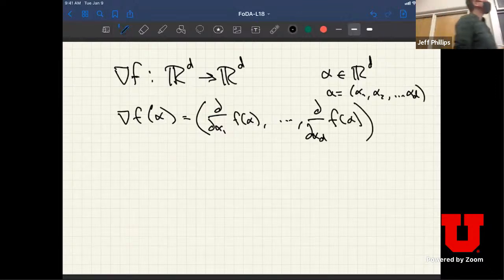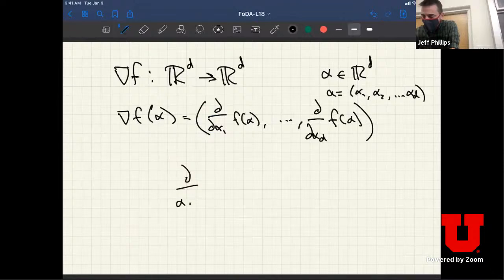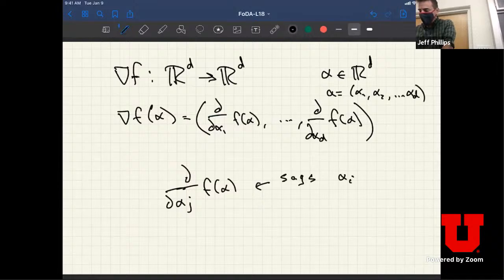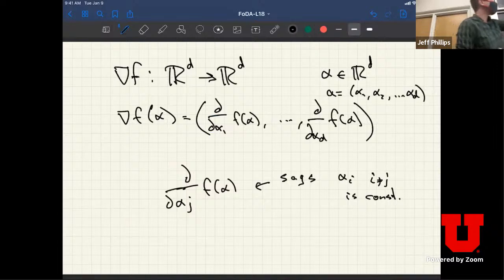If you've done a derivative, you have a bunch of variables, alpha 1 through alpha d. For the partial derivative with respect to alpha j, this basically says alpha i for i not equal to j is a constant, and then you just take the derivative with respect to the one thing that's not a constant.